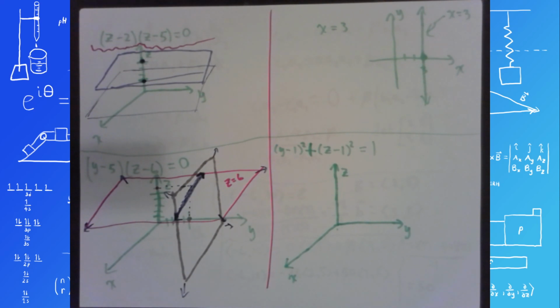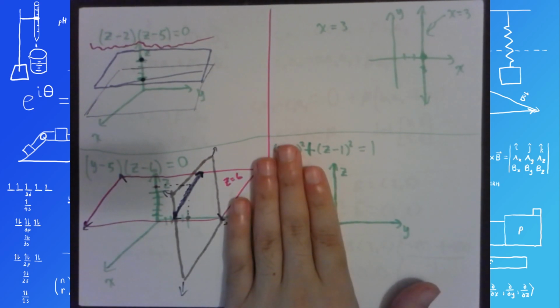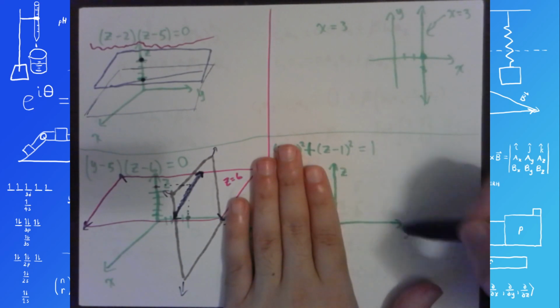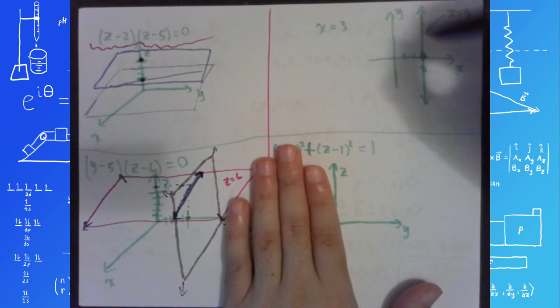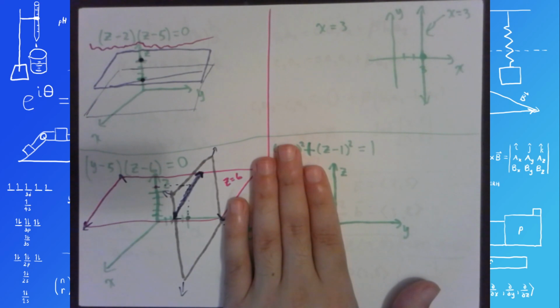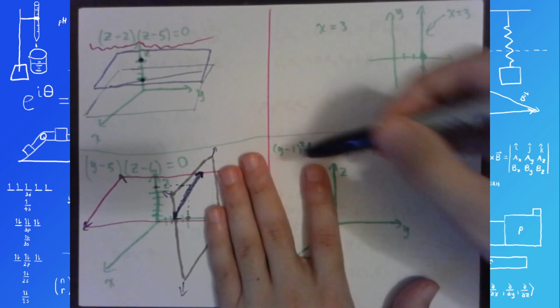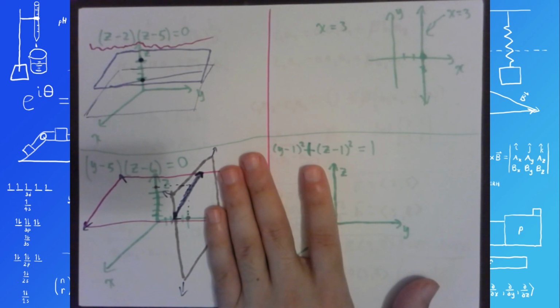Okay, so y minus 1 squared plus z minus 1 squared is equal to 1. If you just look at the y and z axes alone, you're just looking at the yz plane. This is effectively the same as looking at the xy plane. So this, if you remember your stuff from pre-calculus, is the equation of a circle at center 1, 1 with radius 1.